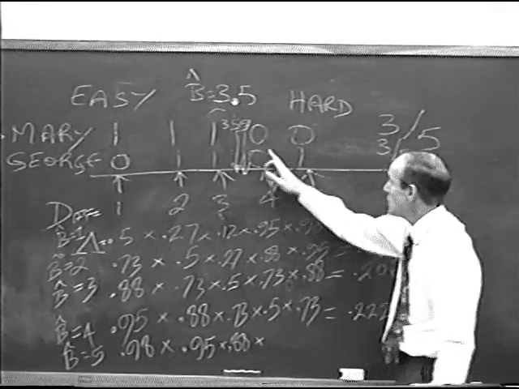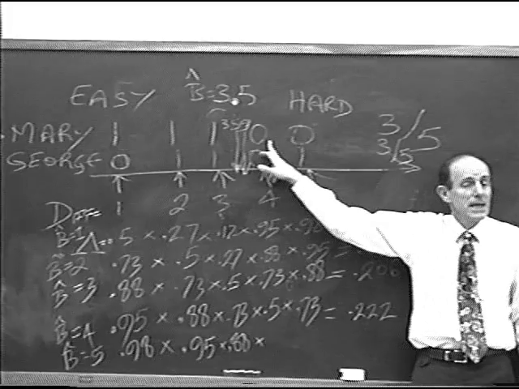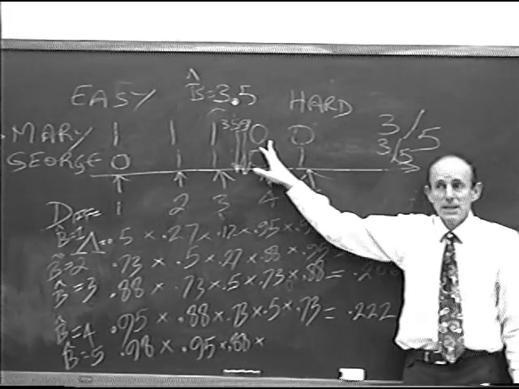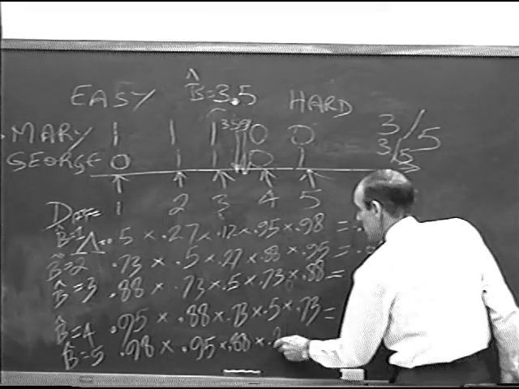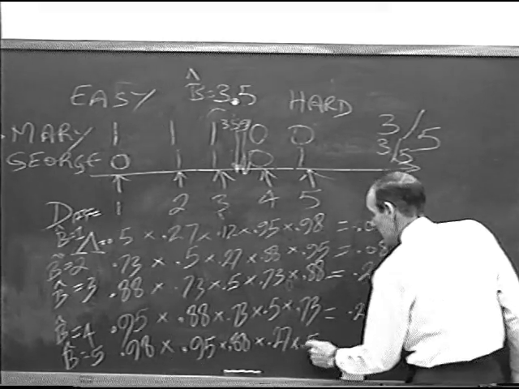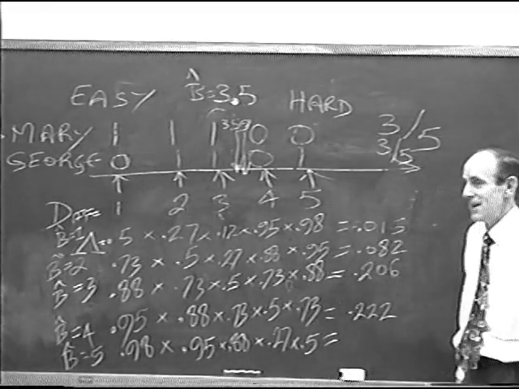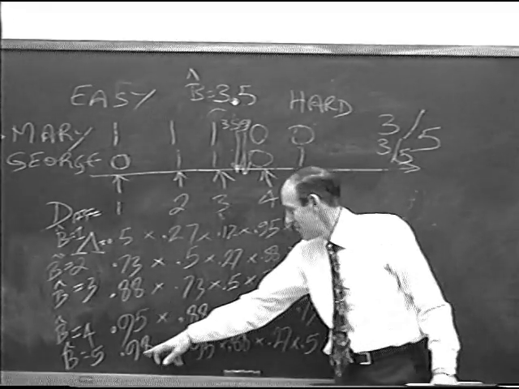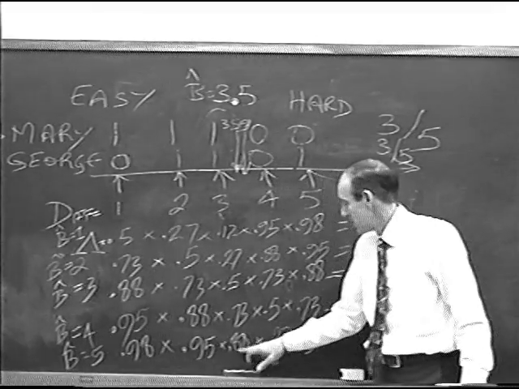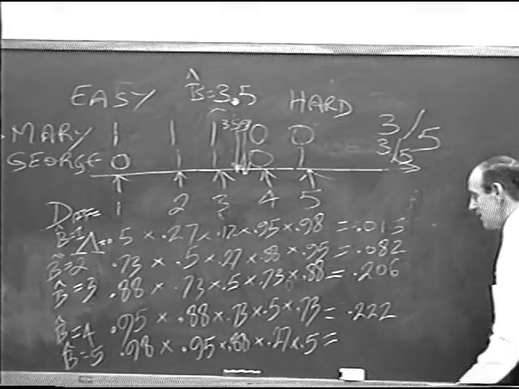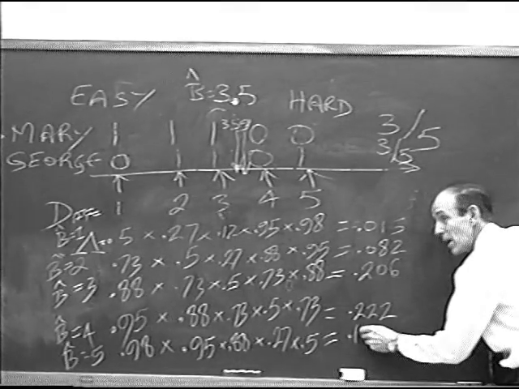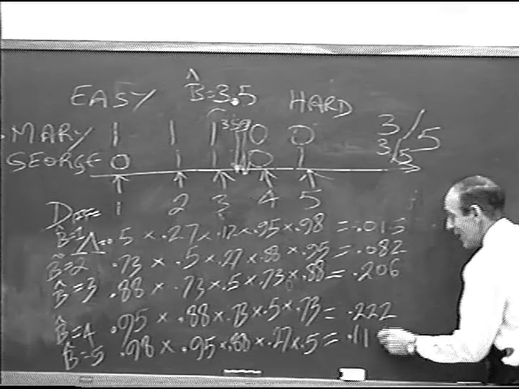Now she's failed on an item a little bit on the easy side of her, so that must be 0.27 times 0.5. 0.98 times 0.95 times 0.88 times 0.27 times 0.5. 0.111, that's good.